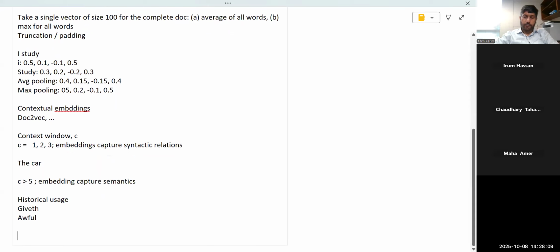So by the way, you can study this historical evolution of words on various websites. You just need to do a Google search. You will find various sites that have studied the evolution of usage of words over time.